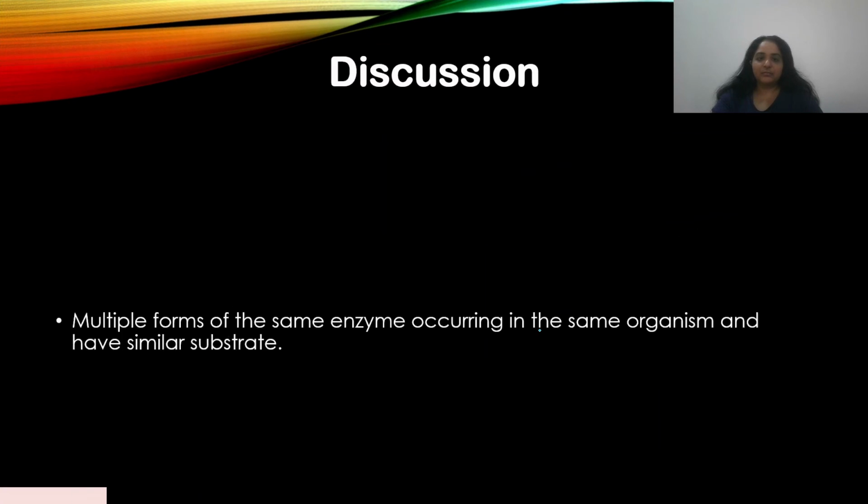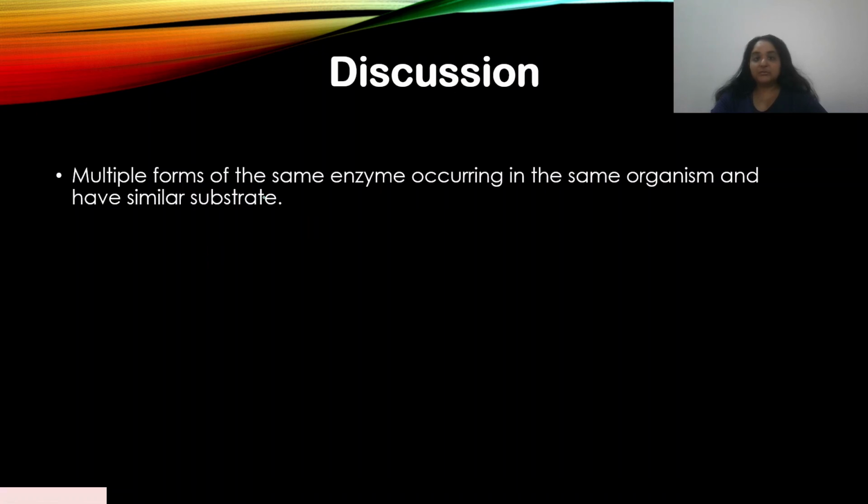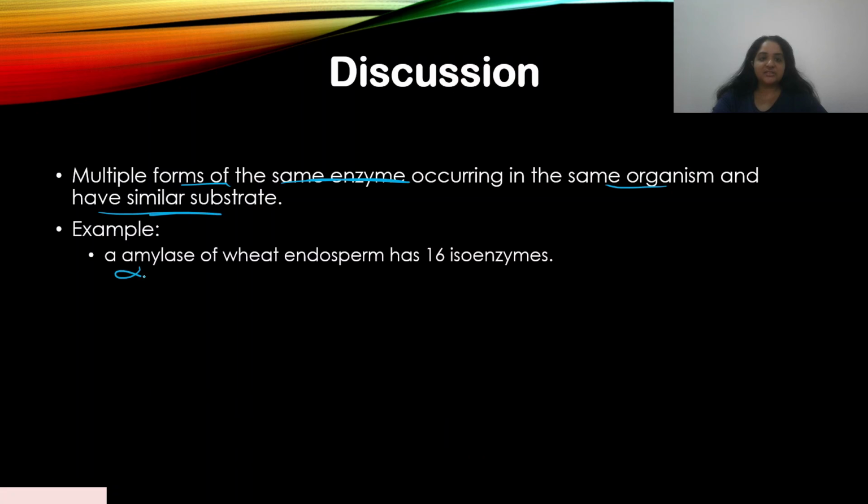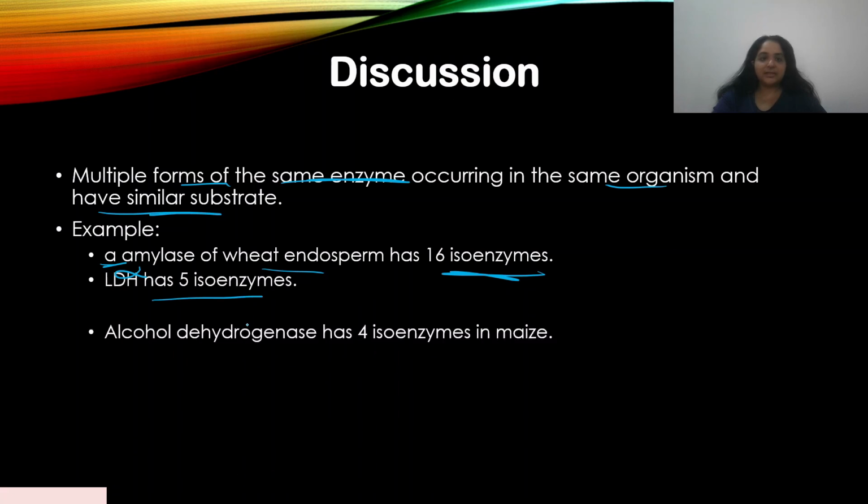Now, in nature, there are multiple forms of the same enzymes, occurring in the same organism and having similar substrate. There are some examples, such as alpha amylase of wheat endosperm, which has 16 isoenzymes. There are multiple forms of the same enzyme. LDH has 5 isoenzymes.